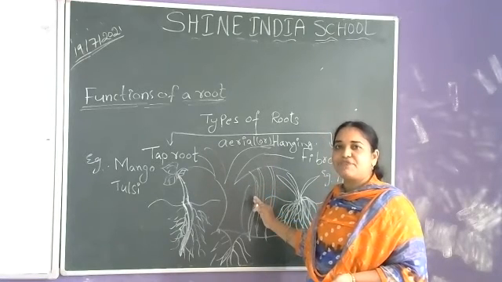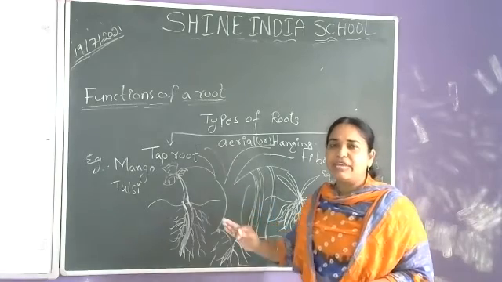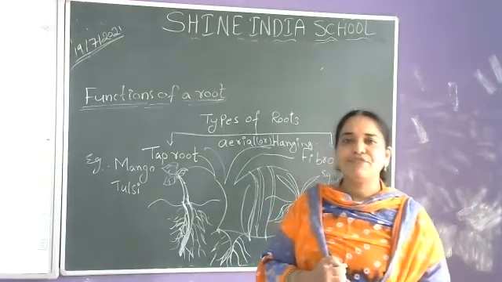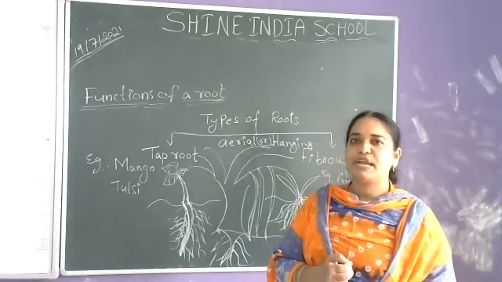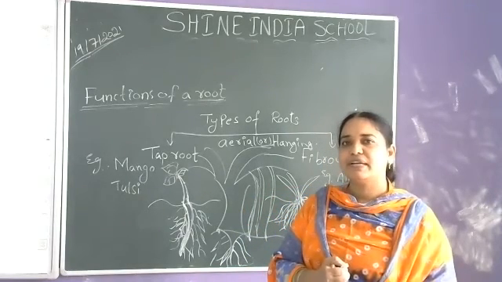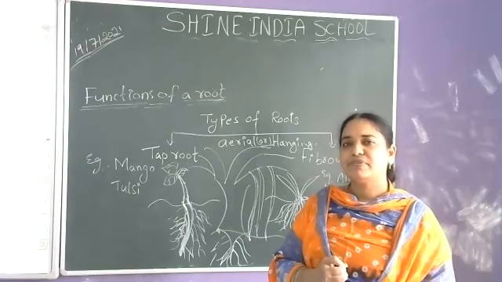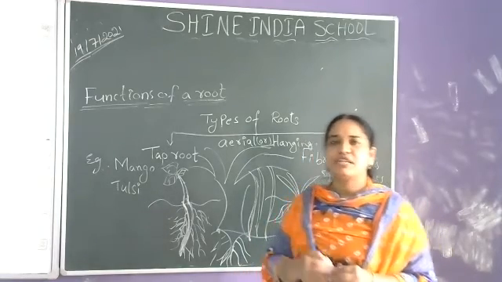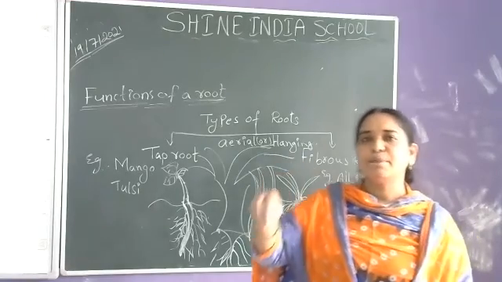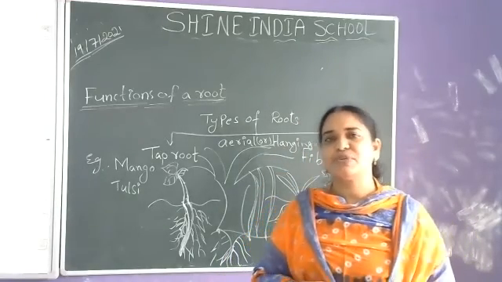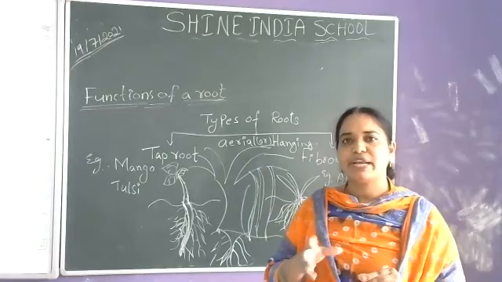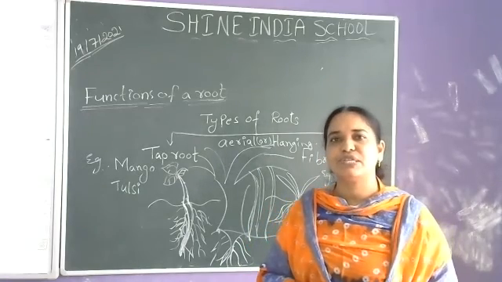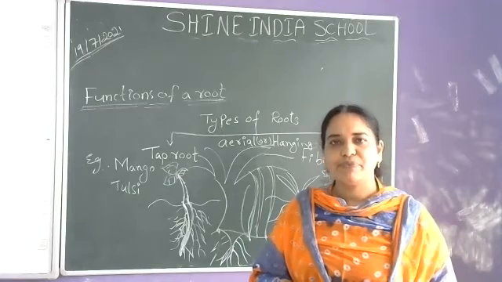Is this clear to you? If we cut the roots of a plant and place the plant into soil again, and provide water and all the conditions required for survival, will the plant live?